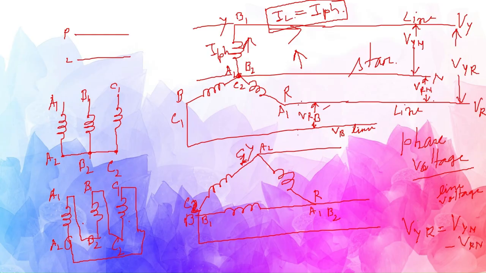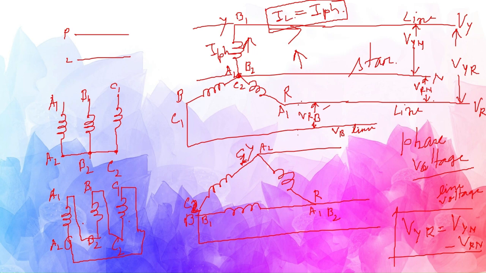So that is the equation. This is called vector sum of two different voltages. That's how we get the phase voltage. So we'll come to this later, what is the relationship between phase voltage and line voltage in case of star. But let us understand that it is different. It is not the same.